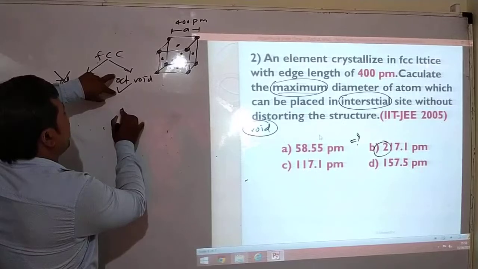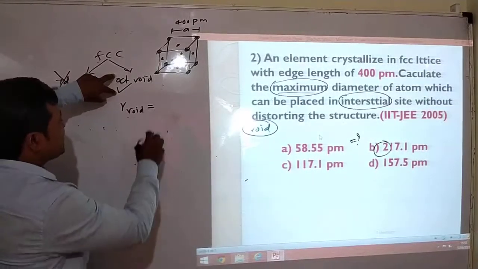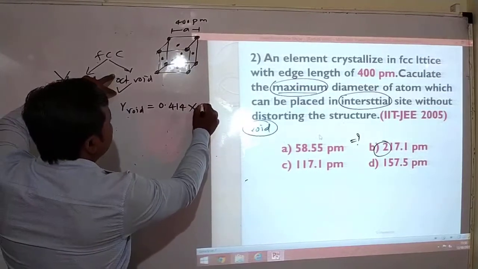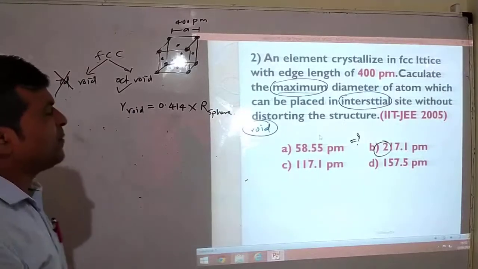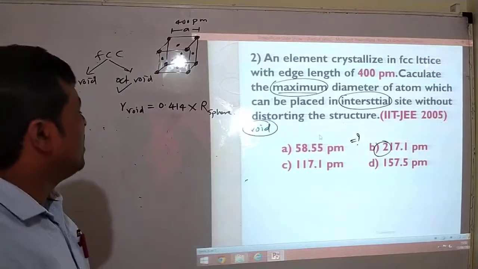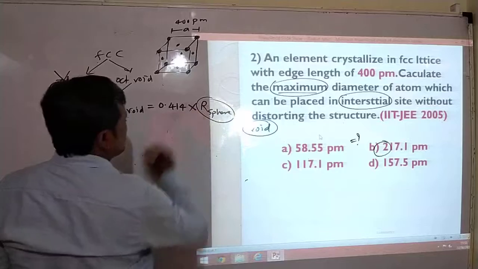And for octahedral void, R void is equal to, what is the equation? Last slide, right? 0.414 into the radius of sphere. Now they give us the edge length. So for FCC, you have to calculate the radius of sphere.